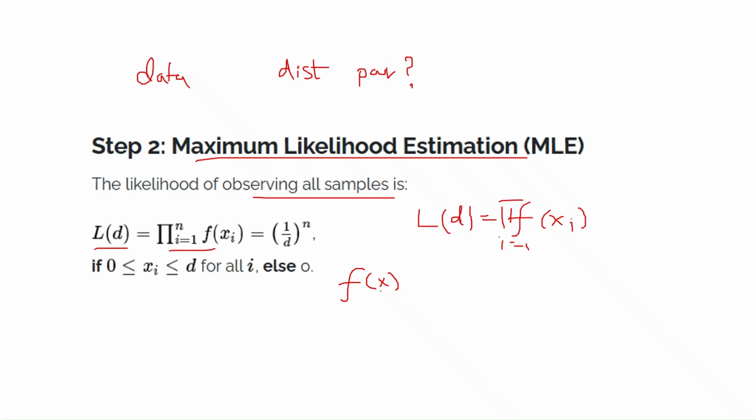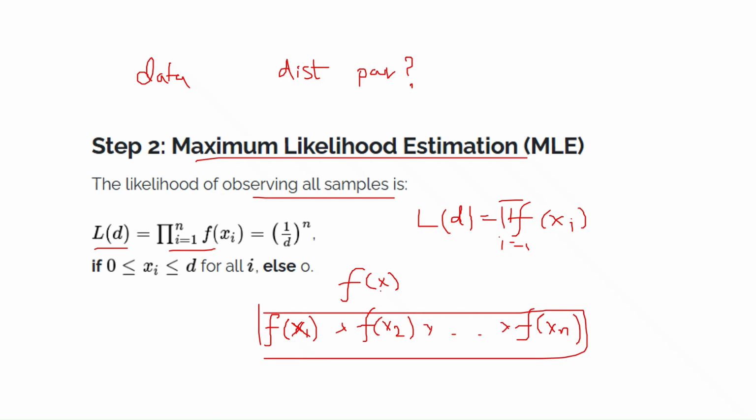So we are given n data points. If we were to ask what's the probability of observing the first data point x1, that would be f of x1. Then what would be the probability of observing the second data point, which is x2? That would be f of x2, and so on till the nth data point xn. And what will be the probability of observing all of these together? That would be the product of all of these probabilities.